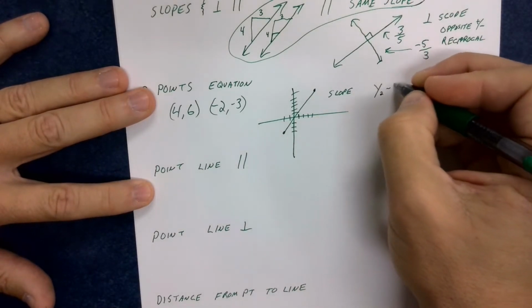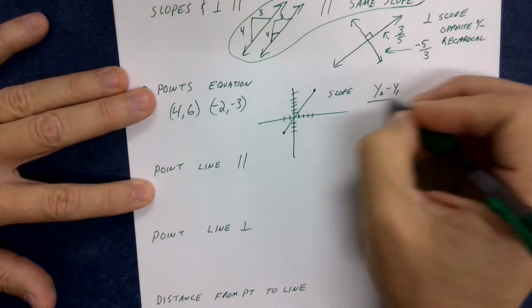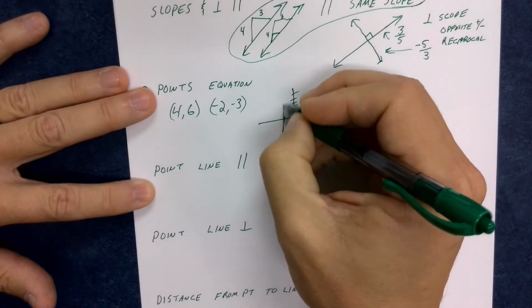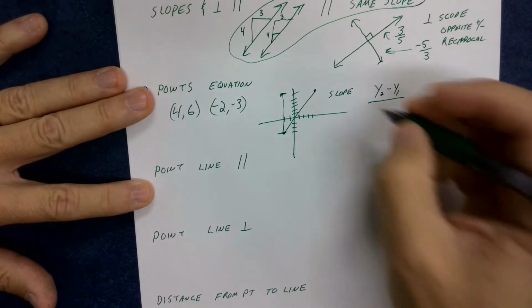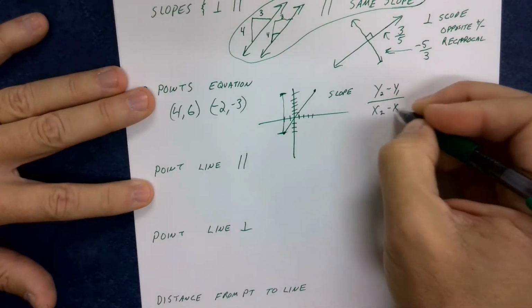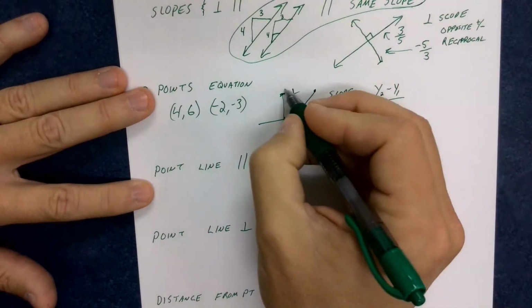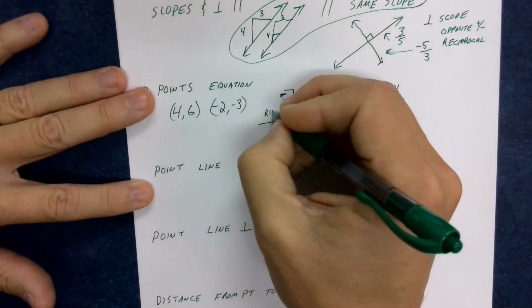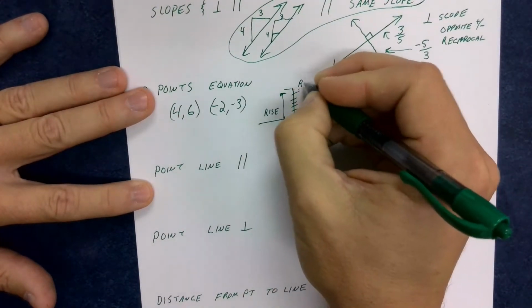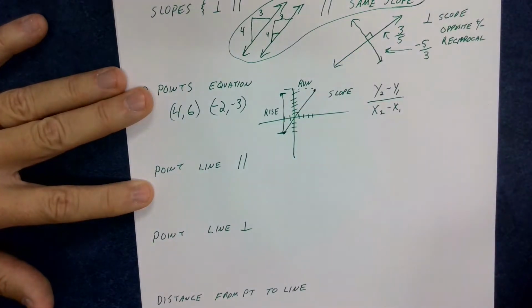Slope is y2 minus y1, or the change in the verticalness, over x2 minus x1, the change in the horizontalness. So rise over run describes how it's tilted.